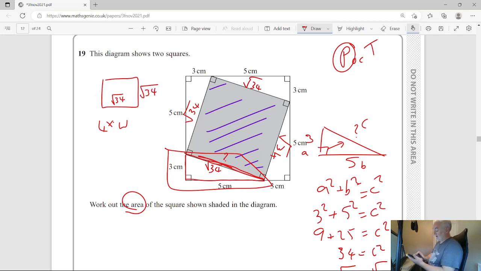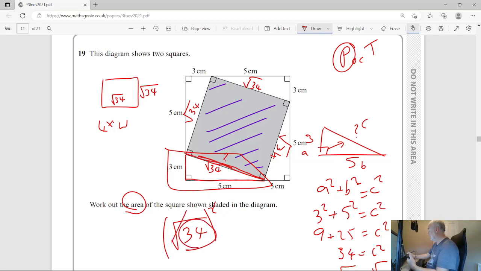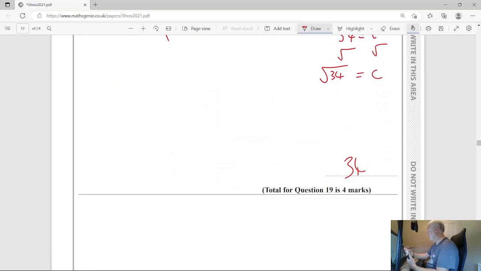I'm going to put that into the calculator. Root 34 times by root 34 equals. Anything when it's times by itself, root 34 squared, in effect the square will cancel the square root and my answer would be 34 centimeters squared.